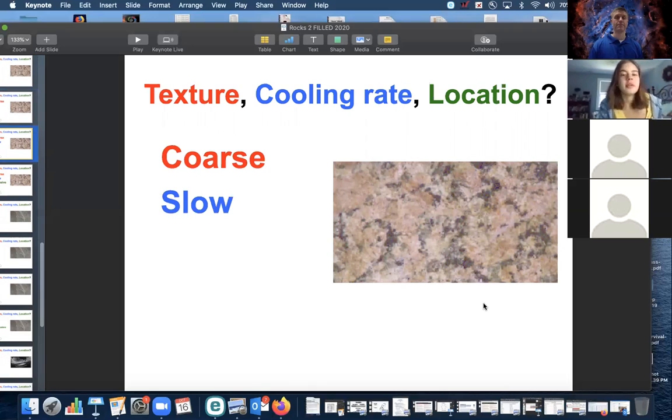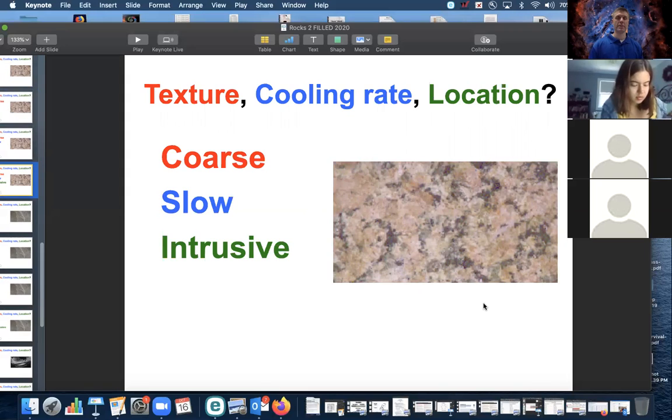Slow cooling time, because it needs all that time for those crystals to grow bigger and bigger and bigger. And then where does that happen? Is that intrusive or extrusive? Is that intrusive in the earth, or is it extrusive, exited the earth? In the earth. Perfect. Intrusive.